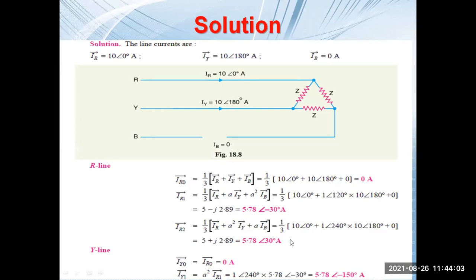Look at this and calculate by yourself. Do it on your calculator and check whether you are getting these values. Please check these R phase values, whether you are getting IR0, IR1 and IR2.